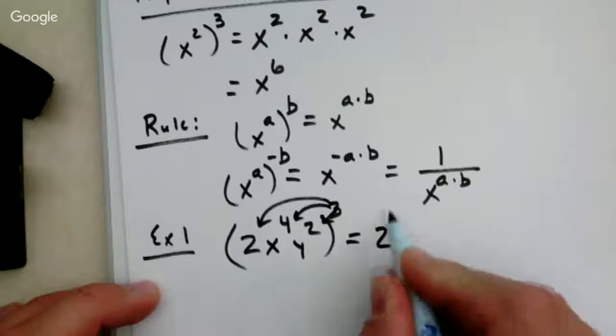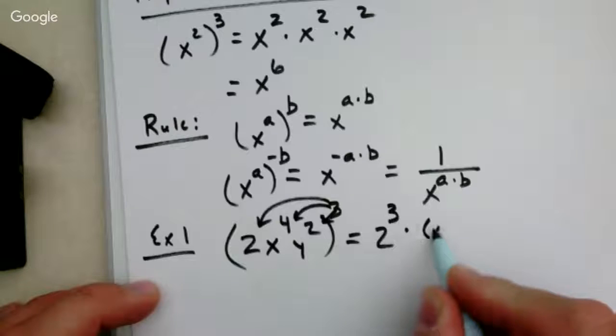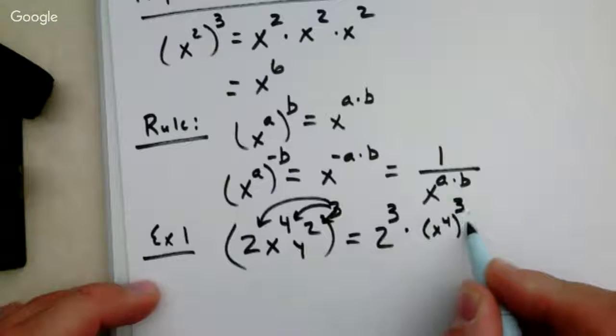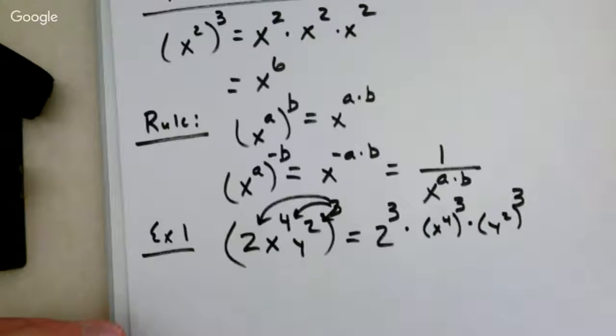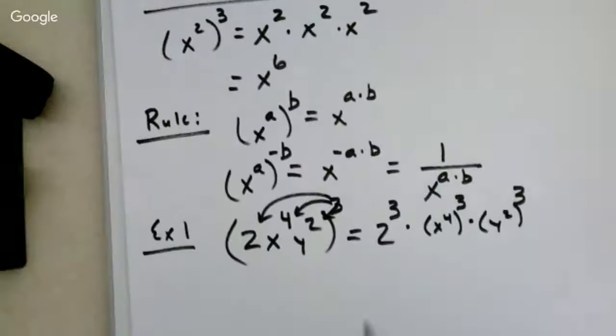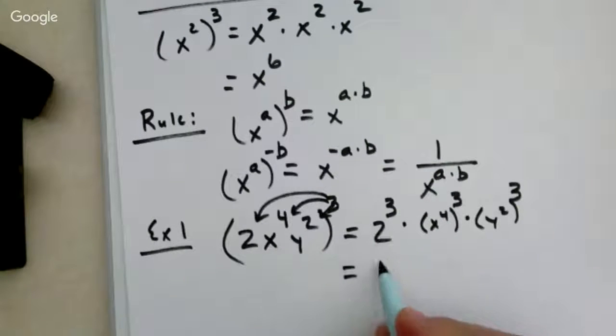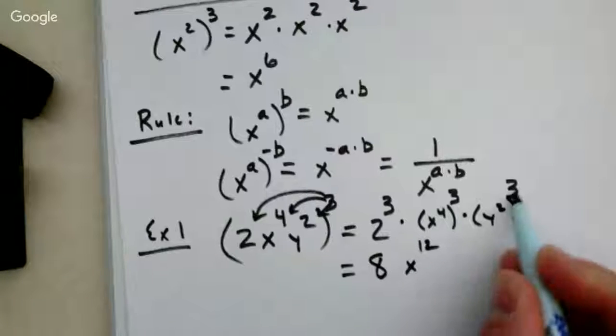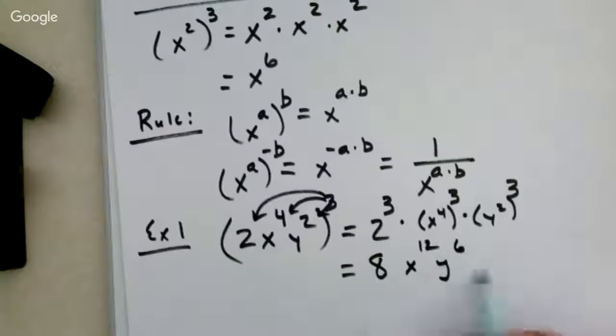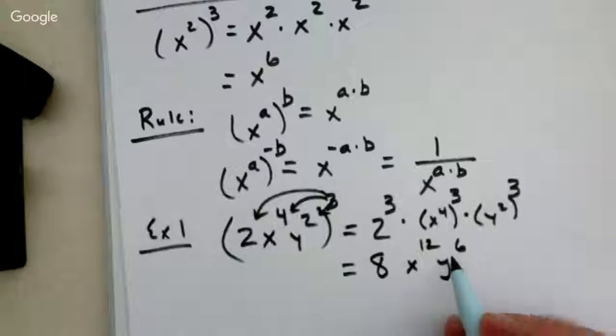So that's equal to 2 to the 3rd power times x to the 4th to the 3rd power times y squared to the 3rd power. What does that mean, or what's that do? Well, 2 to the 3rd is 2 times 2 times 2. That's 8. Multiply. Anything we can simplify? No, we can't.